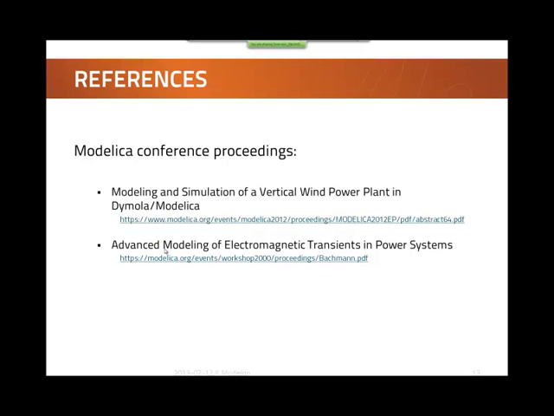The main author, Hans-Jörg Wisman, has also written an article at a Modelica conference some years ago on this topic, advanced modeling of electromagnetic transients in power systems, which is the work behind the EPL, so to say.